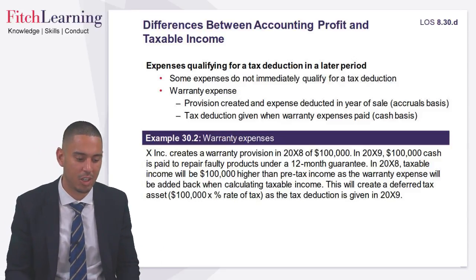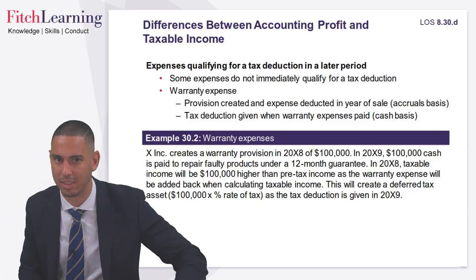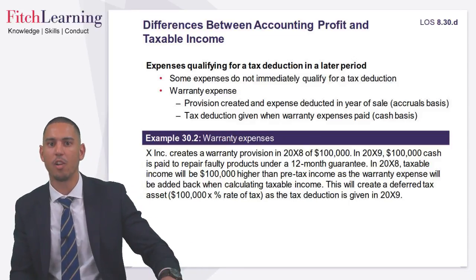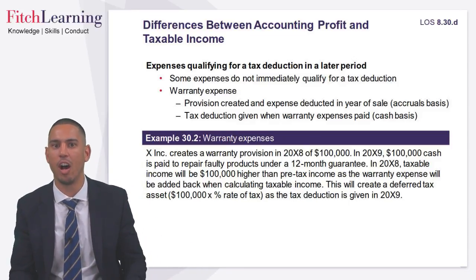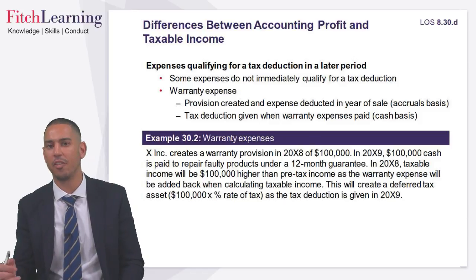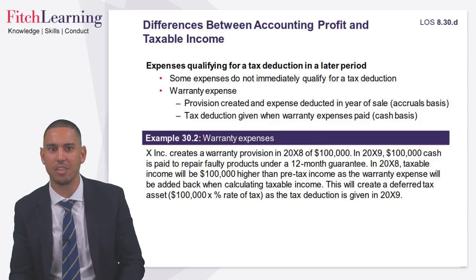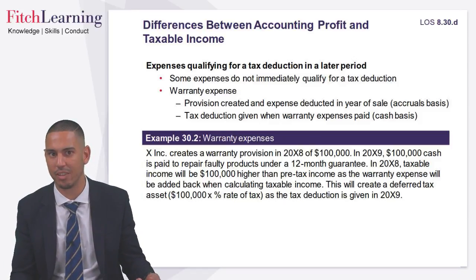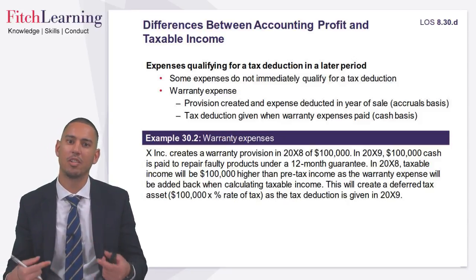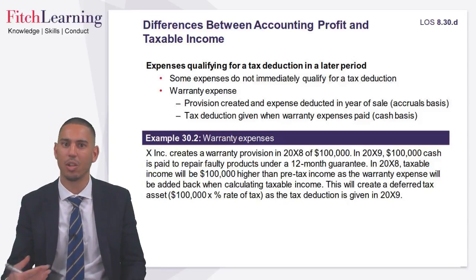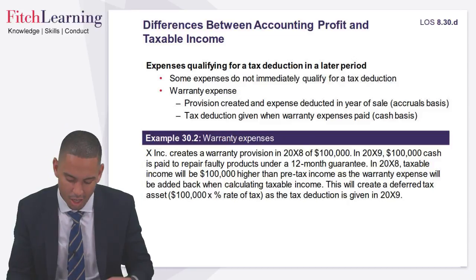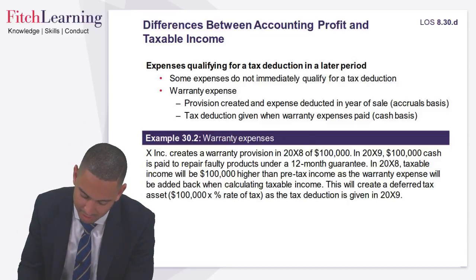So let's just have a look at our warranty expenses. I've got a warranty provision of 100 grand. In 2009 the cash gets paid. So what we're going to do is have a look at what's going to happen in 2008, and we can also have a look at 2009.